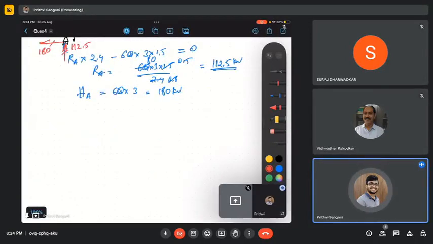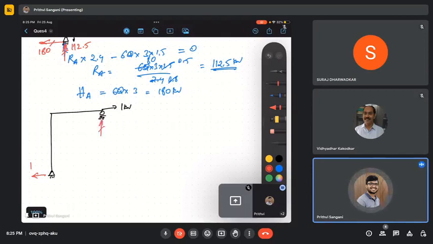So let us take the virtual load. This is a roller support. I'll give a virtual load of 1 kilonewton here. What happens if I give a virtual load of 1? I'll get a reaction of 1 in this direction, so this should be 1 here, that has to balance. And this is rotating in this direction, so it has to counter in this direction.